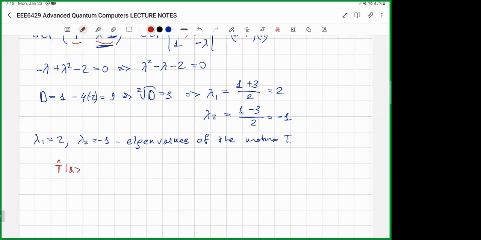My operator T times vector A is equal to lambda A. Basically, if this holds, the action of my operator on a vector consists in multiplying this vector by this lambda. In the general case, that is not the case.